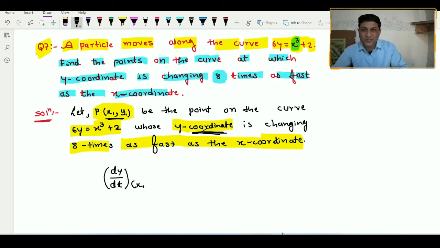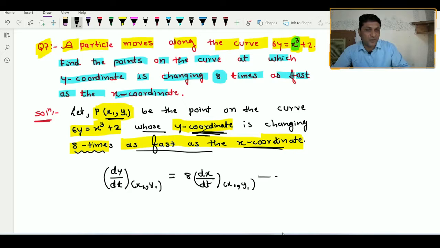So this y coordinate is changing how much times? 8 times as fast as x coordinate. Change in x coordinate is denoted by dx upon dt at a point x1, y1. Just we have written this verbal form, we have converted it into symbolic form, and let us denote this given condition by equation number first.